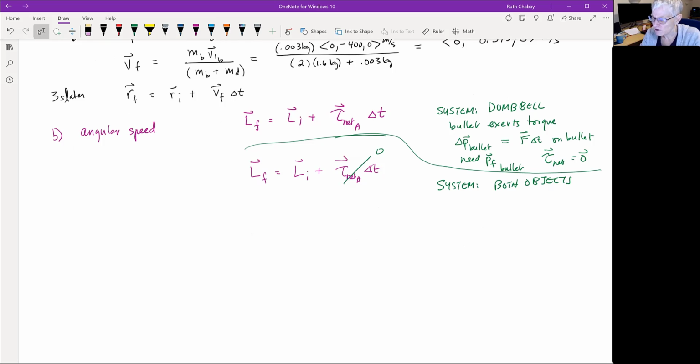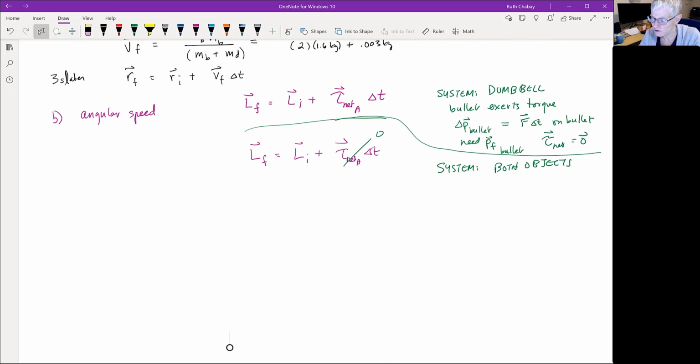So let's see what happens when we do it this way. So the final angular momentum kind of has two pieces. It's got the angular momentum of the dumbbell and the angular momentum of the bullet embedded in the dumbbell.